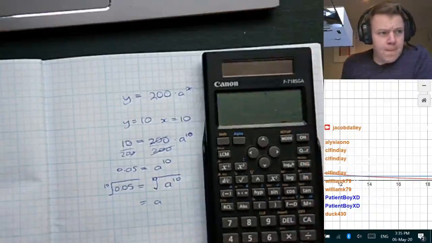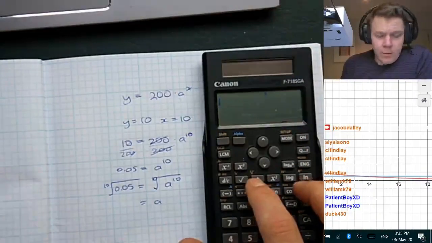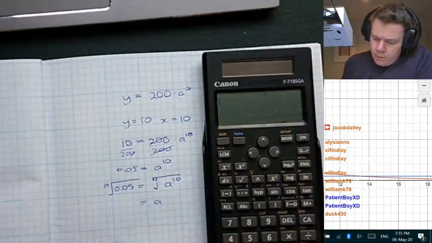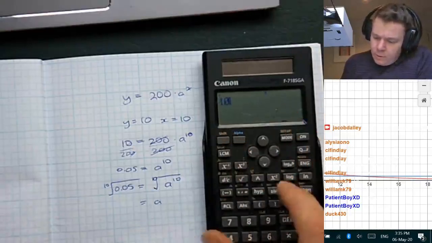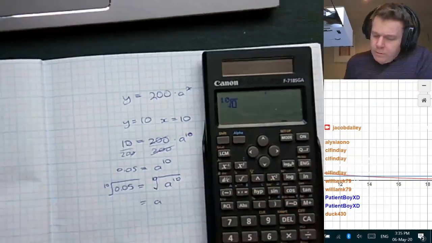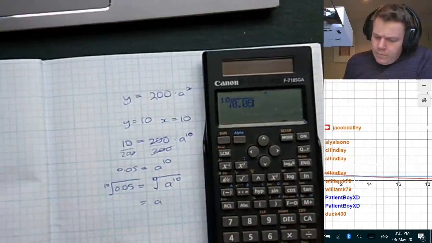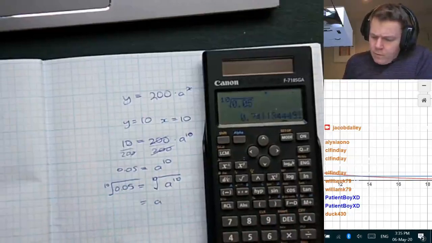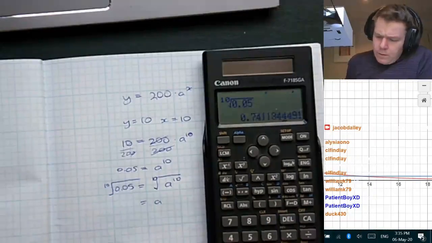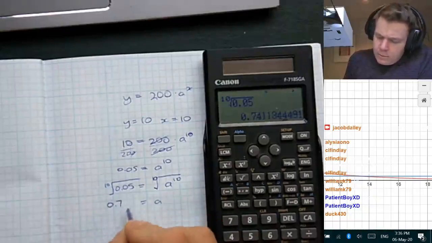Remember that little symbol x square root? Well, you just put that after you do shift, 0.05. Is it going to equal? So it's saying that our shape factor needs to be 0.7411.